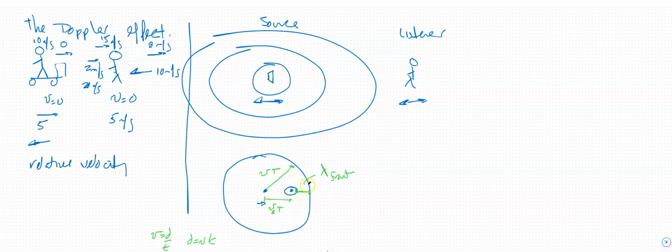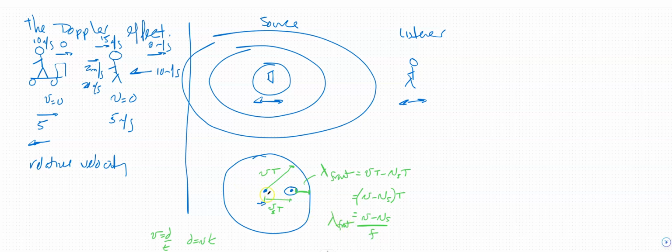So you see how the wavelength in front is this big radius Vt minus this little chunk Vst, or (V minus Vs) times the period, or (V minus Vs) over the frequency. This is the wavelength in front.